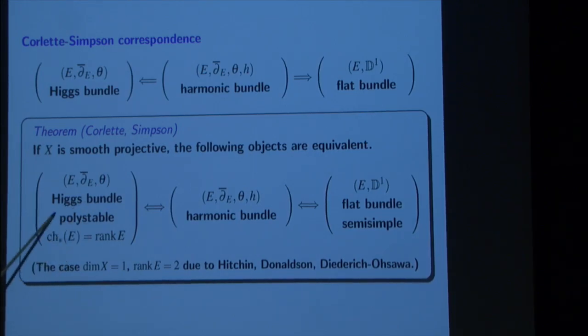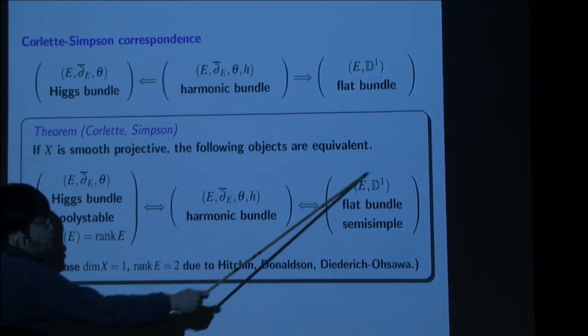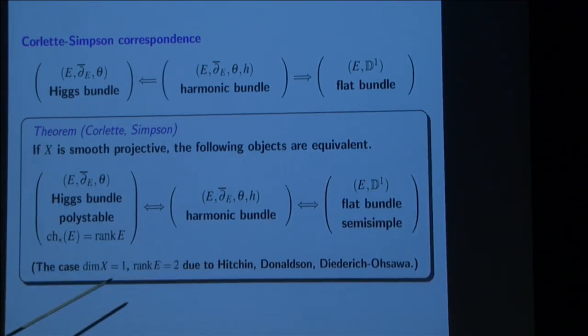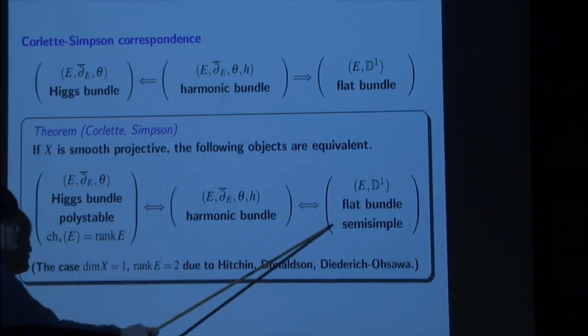And I don't explain the stability condition here, but this is the most classical stability condition, sometimes called slope stability or something like that. And Corlette proved the equivalence of harmonic bundles and semisimple flat bundles. So here we have the semisimplicity condition.